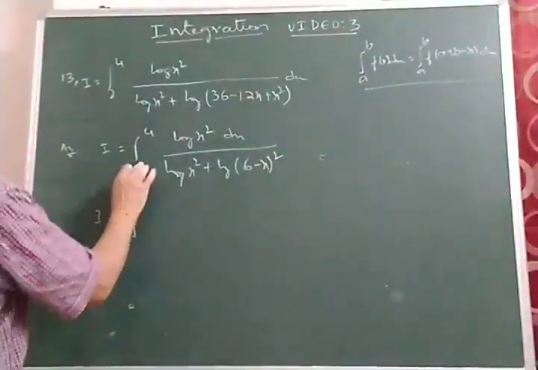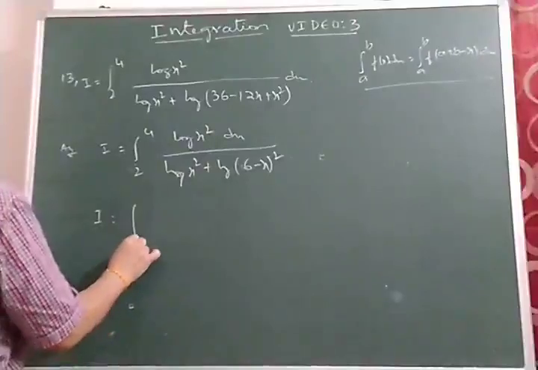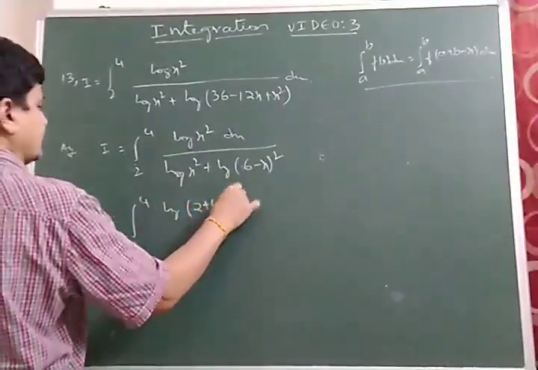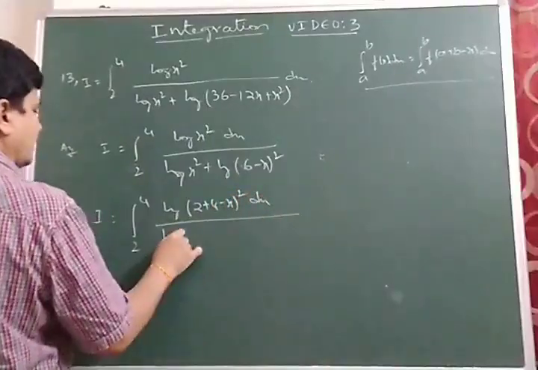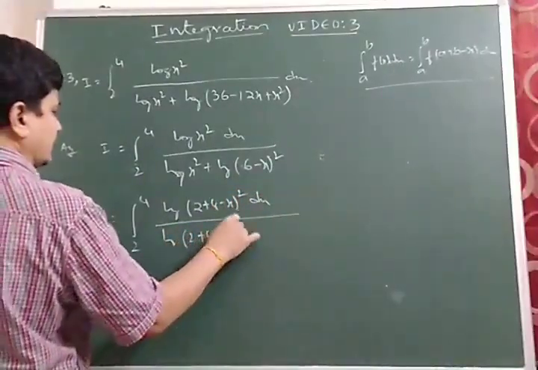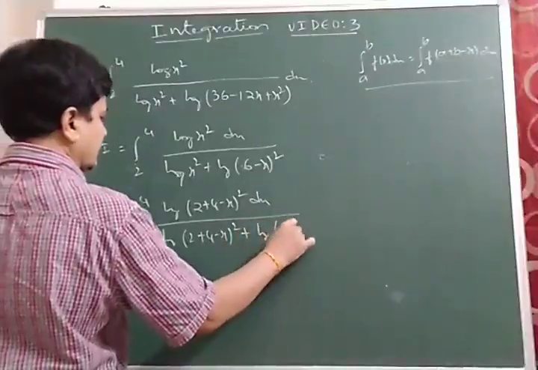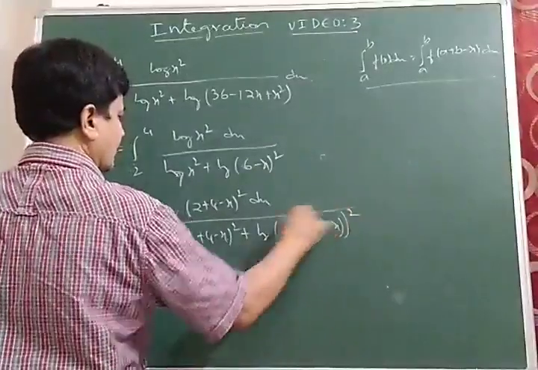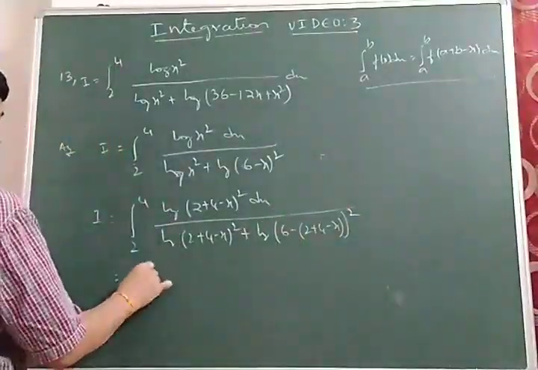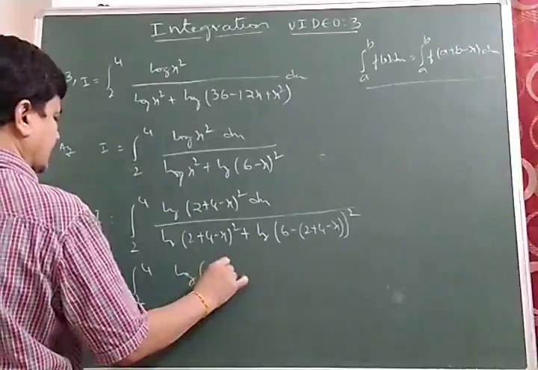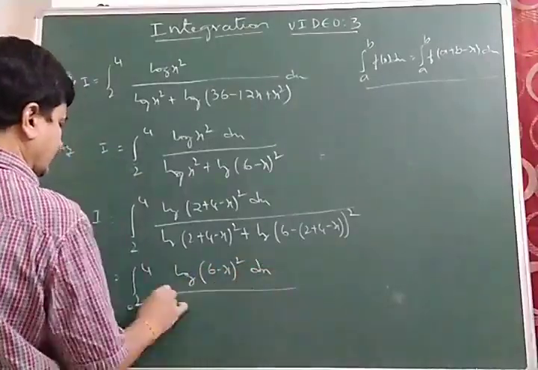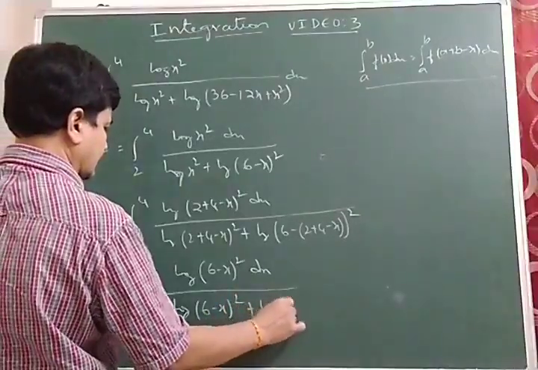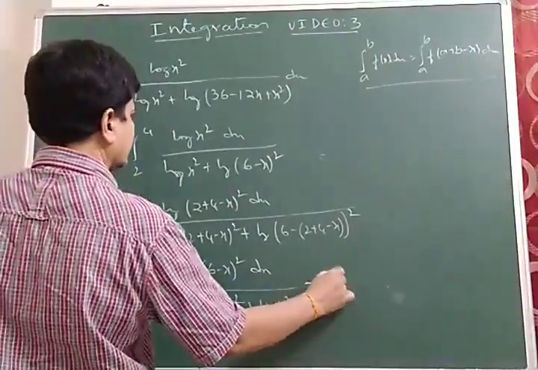Now we apply the formula: I is equal to integral 2 to 4 log of (6 minus x) whole square dx by log of (6 minus x) whole square plus log x square. This is 2.